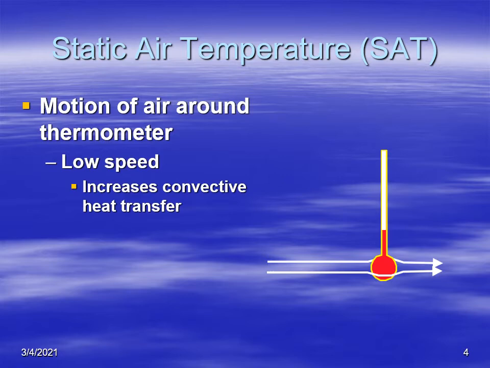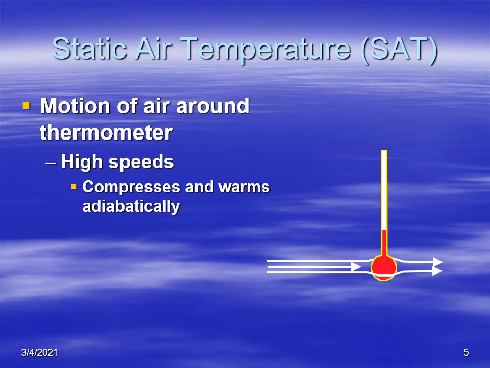SAT assumes that there is some air flowing around the thermometer, but the speed of the air is rather slow. And there are some advantages to having wind flowing past the thermometer. Of course, it increases the convective heat transfer and reduces the sensor error.